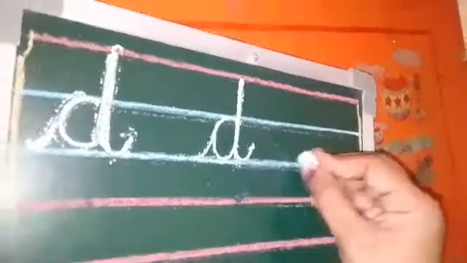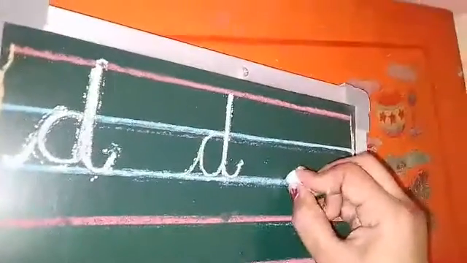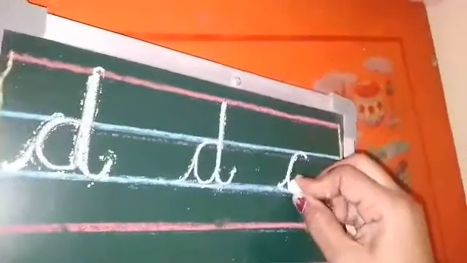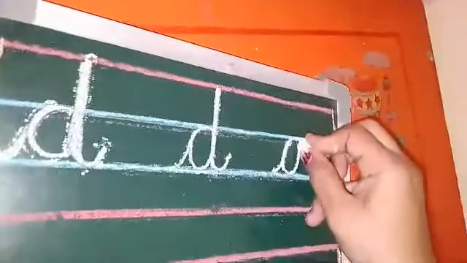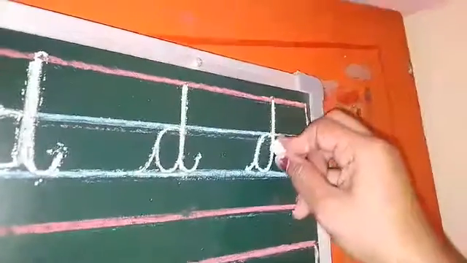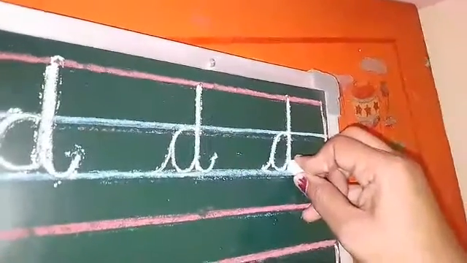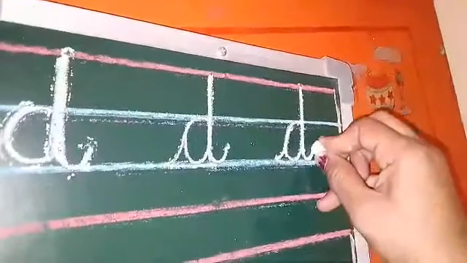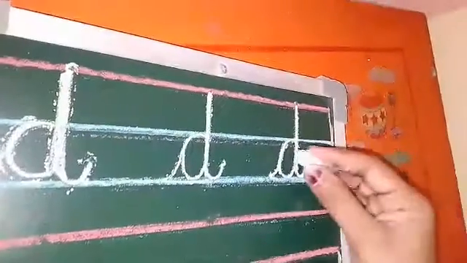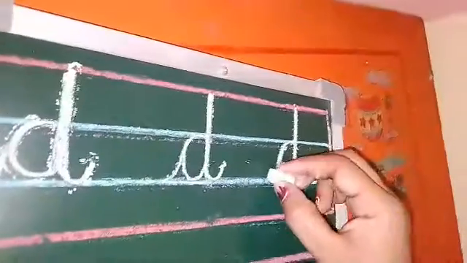Okay, next. Upward, third line to second line and downward, second line to third line, upward, third line to first line and downward, first to third line and a little bit upward. We will repeat it again.